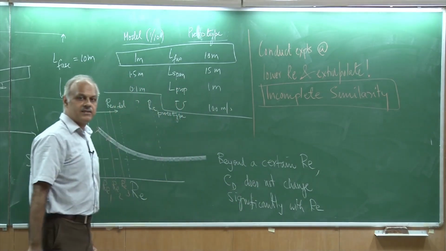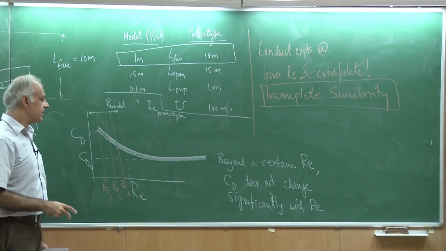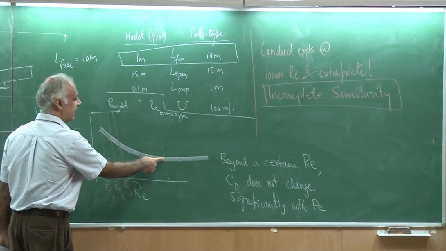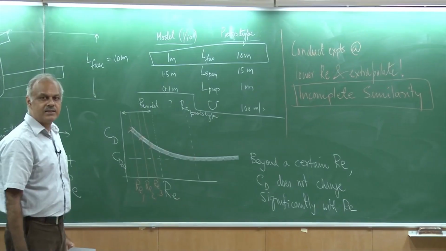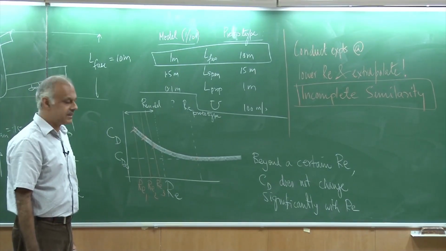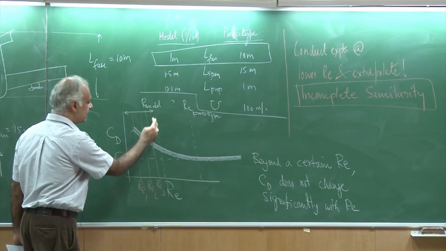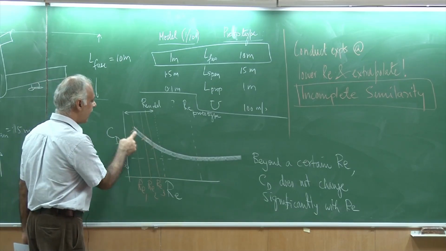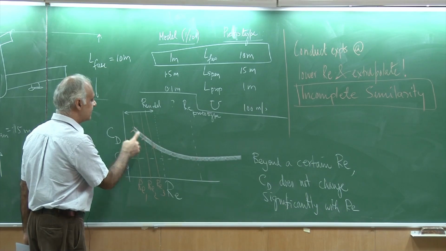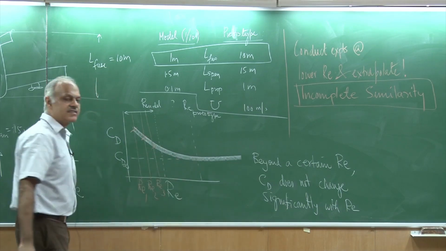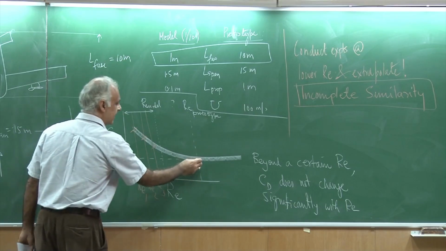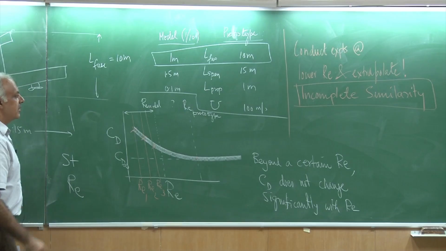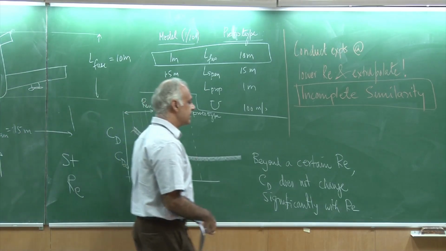Let me repeat what we have done. We are not able to do experiments at the Reynolds number which is demanded by the prototype for dynamic similarity. We can only go up to Reynolds number, let us say up to here. So we track how the drag coefficient varies with Reynolds number, and then use extrapolation to get the data over here.